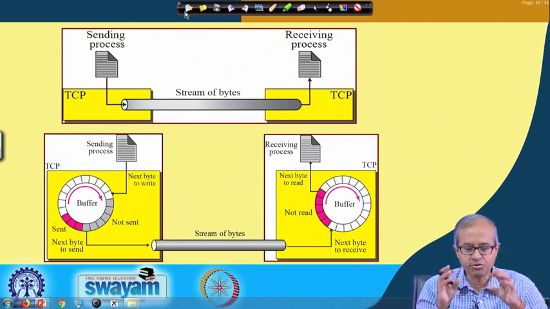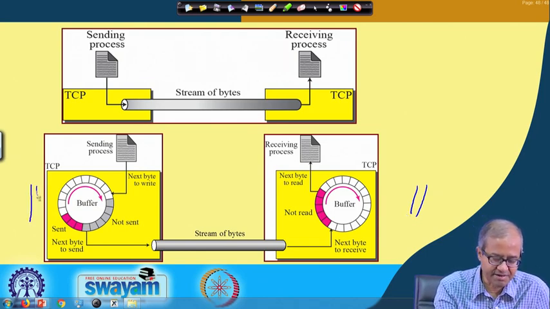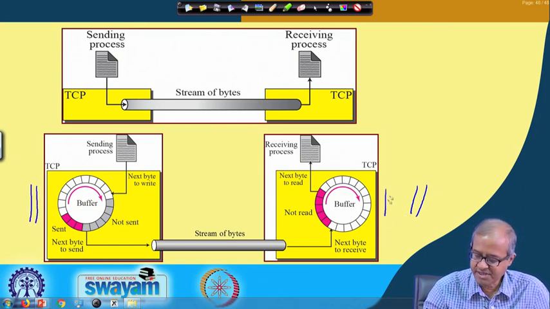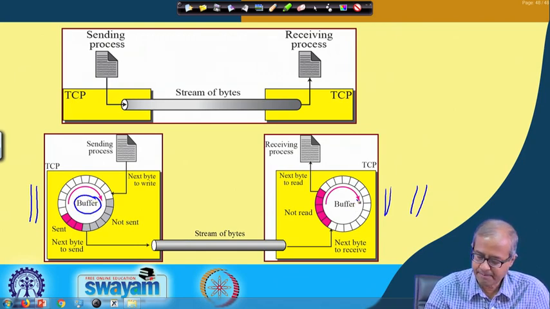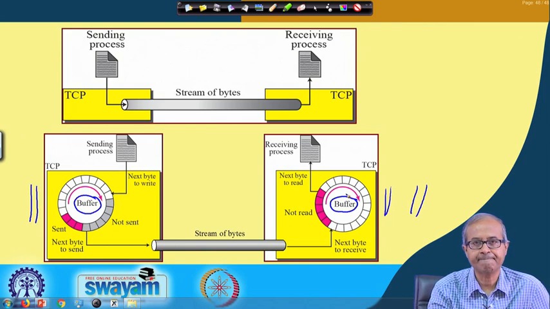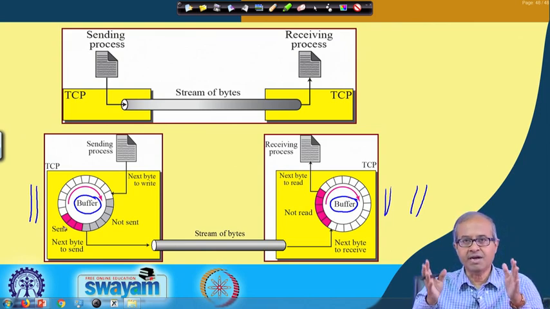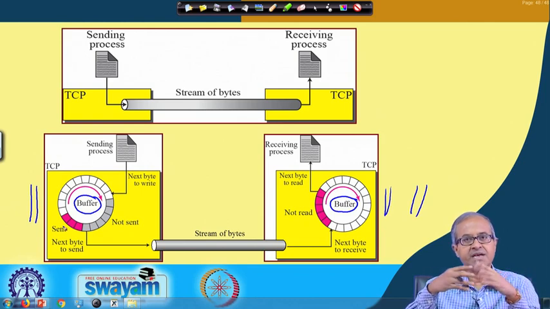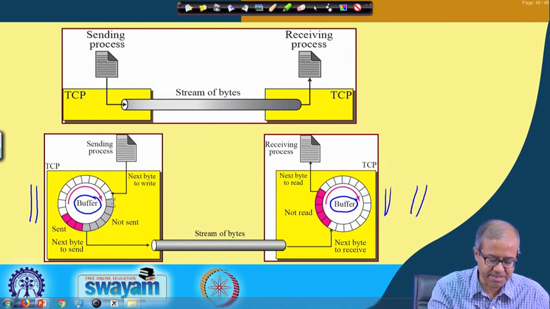Now, let us look into some more detail inside TCP, which is shown in the next diagram. You see both the sender and the receiver they maintain some kind of a buffer. Buffer at the sender side will contain the message that it is trying to send. It is a stream of bytes.